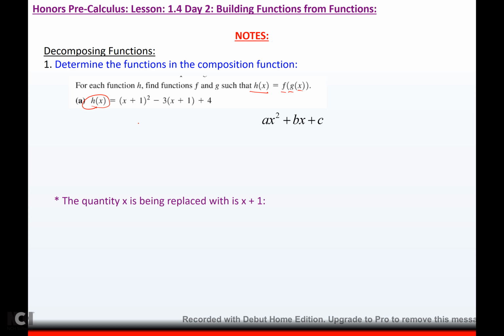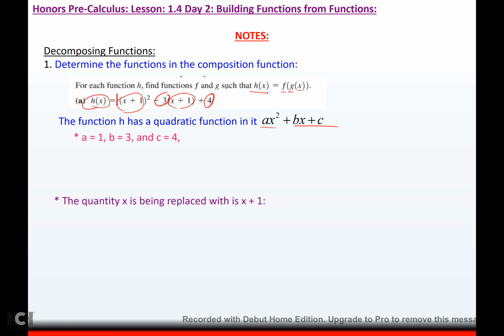It's really simple. All you do is you look to see what's inside parentheses. In this case, it's x plus 1. Okay? This is a quadratic function. So the function h has a quadratic function in it, ax squared plus bx plus c, where, if you look, a would be 1, b would be -3, and c would be 4.